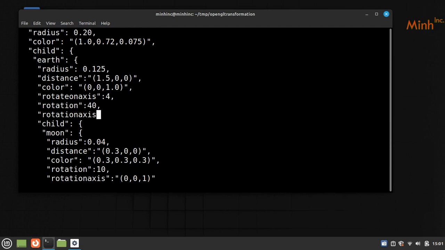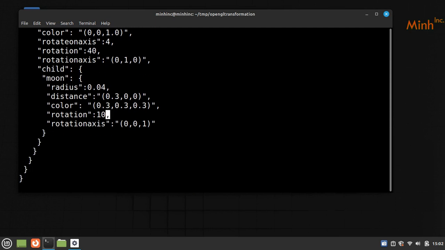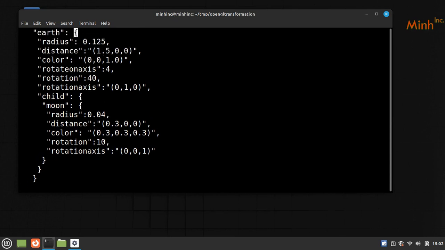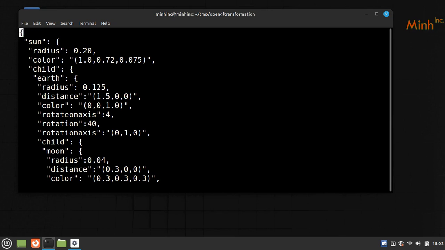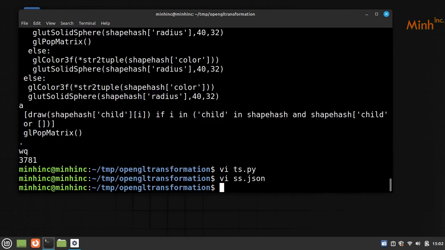So Earth would rotate across the y-axis, whereas rotation axis of the Moon is the z-axis. This is what we are seeing. So we can just execute this.